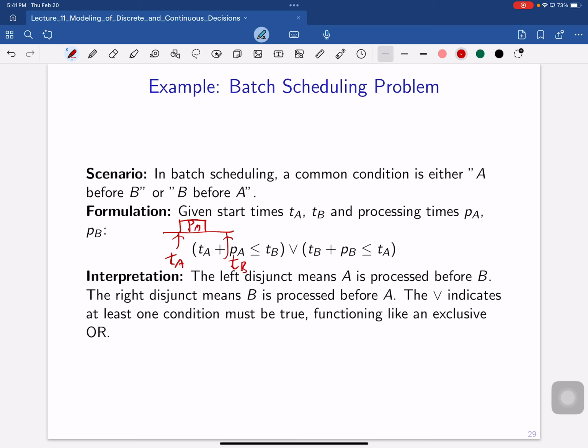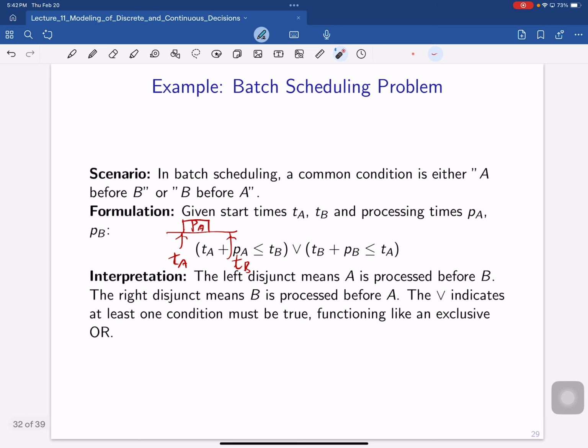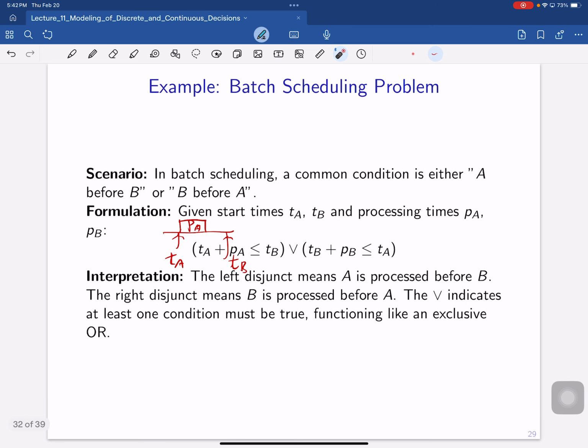After the machine processes the job, then B can start. That's what this constraint means. And similarly, if B starts before A, that will be TB plus PB less than or equal to TA. So that's a simple example of linear disjunctions: either this inequality holds or the other inequality holds.